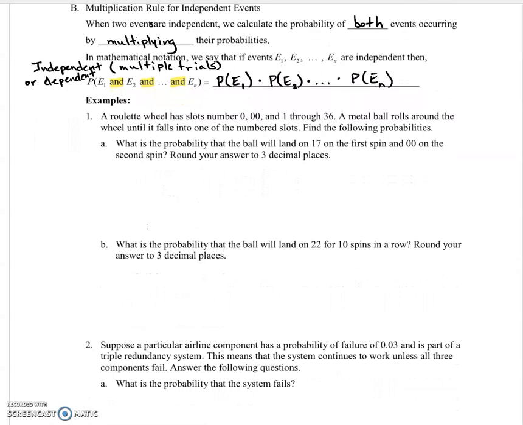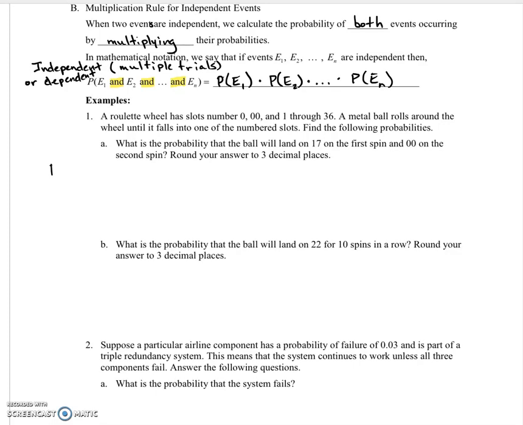So a roulette wheel has slots numbered 0, 00, and then 1 through 36. A metal ball rolls around the wheel until it falls into one of the slots. Find the following probabilities. What is the probability the ball will land on 17 the first time we spin the wheel, and on 00 on the second spin?